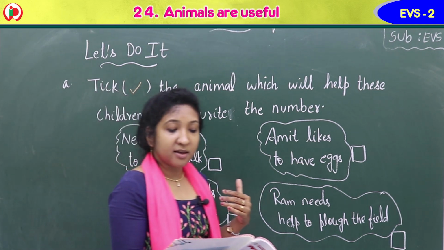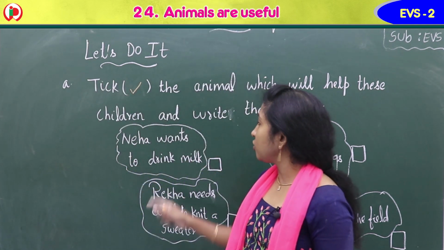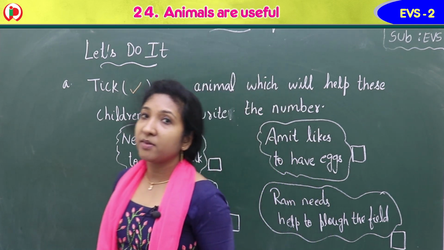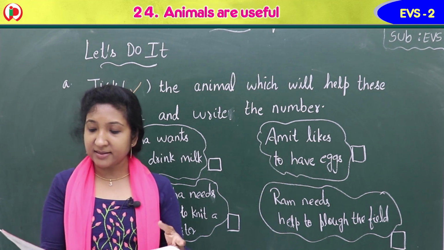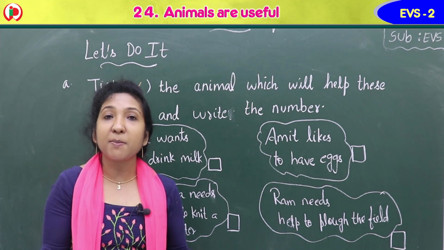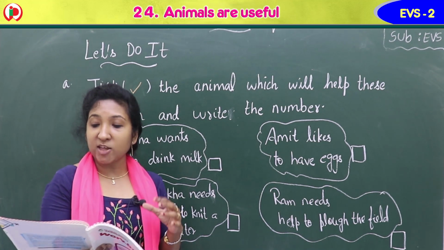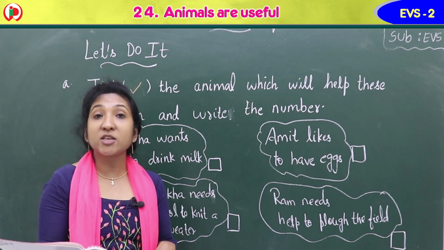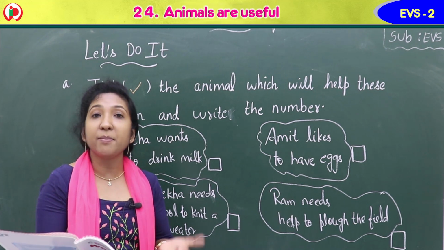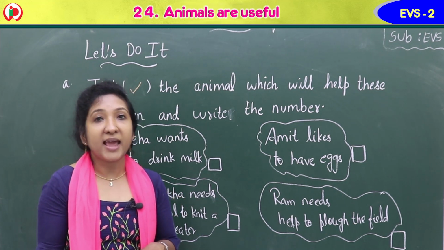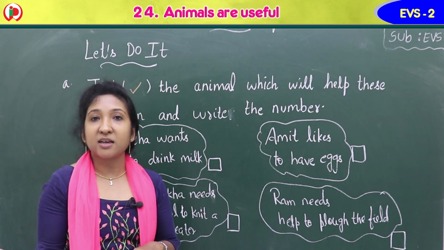Yes, so first, Neha wants to drink milk. So which animal gives us milk? Yes, cow gives us milk. Can you see the image of a cow in the B section? In which number is it? Yes, see number 4. Yes, it is an image of a cow.